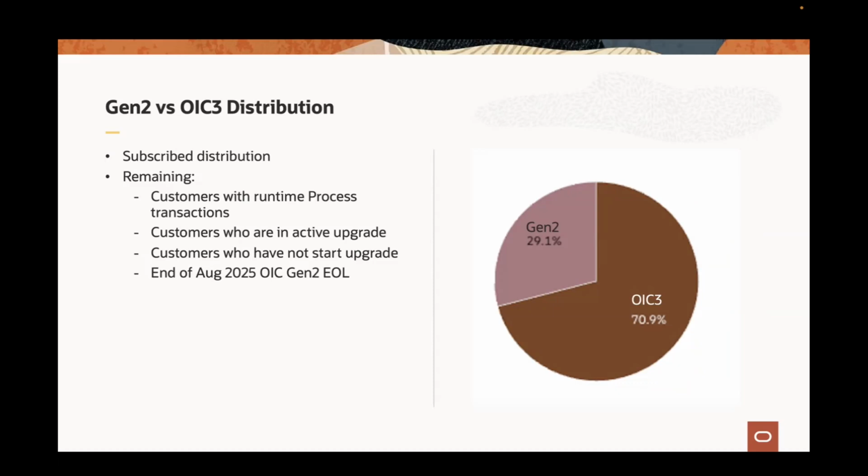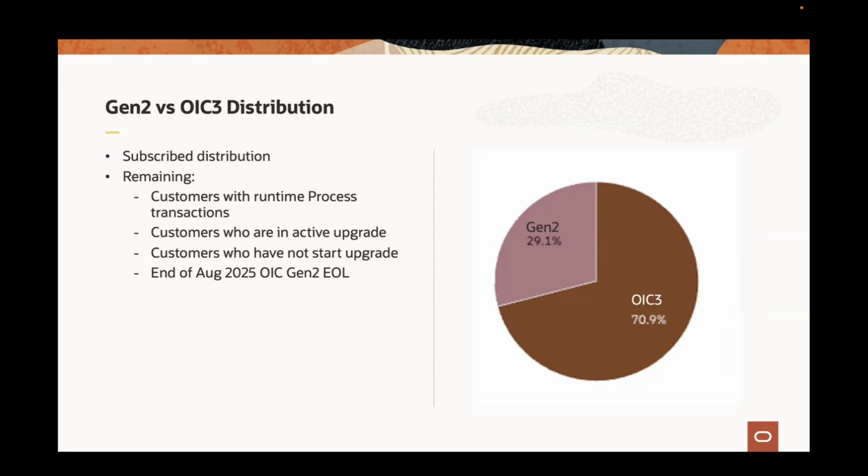So the chart you're looking at shows a distribution for instances. I shouldn't say customers, because we have customers that have hundreds of instances, and we have customers who have only 2-3 instances. So these are instances on OIC 3 and instances on Gen 2.